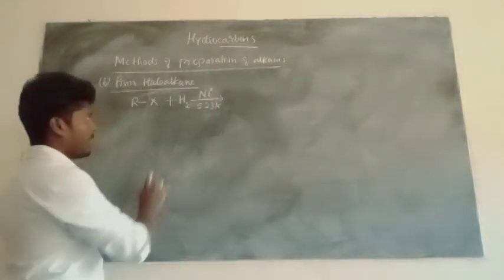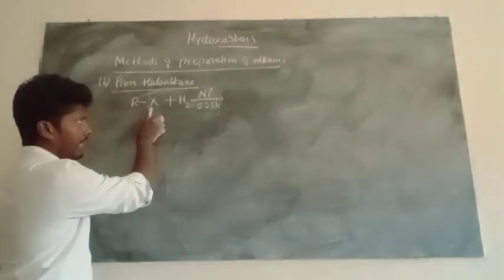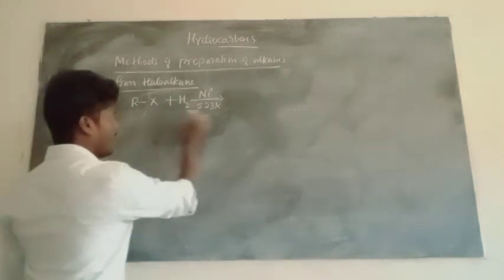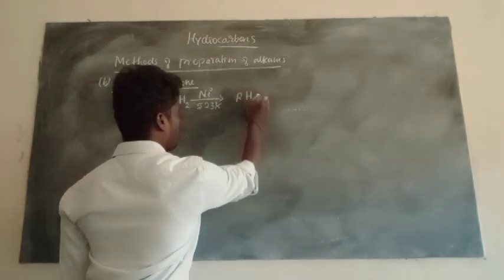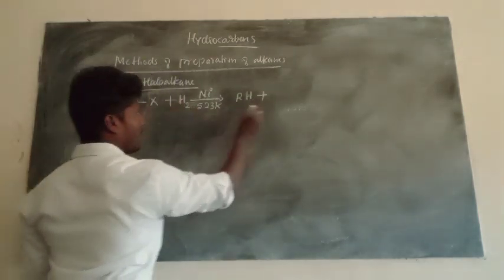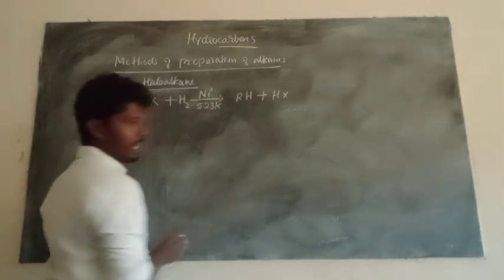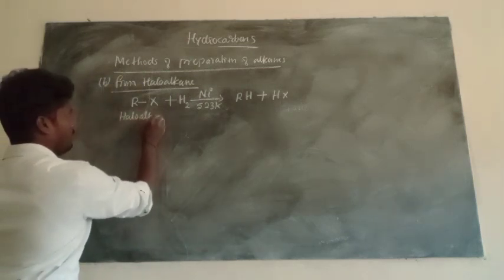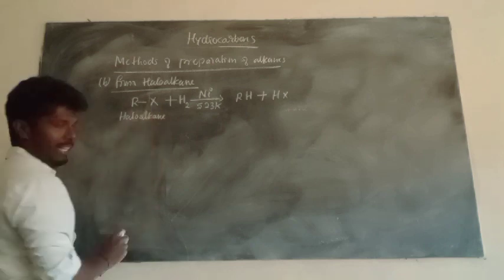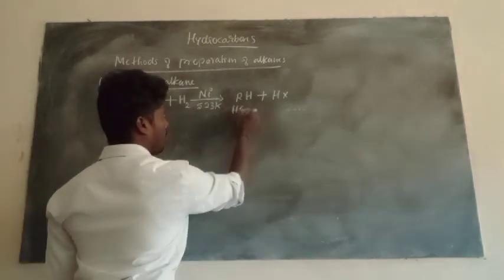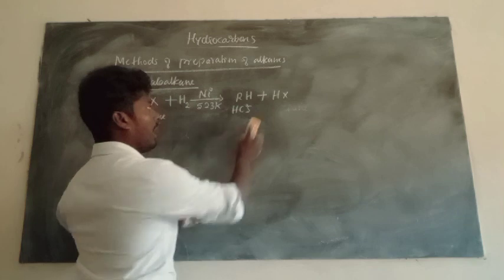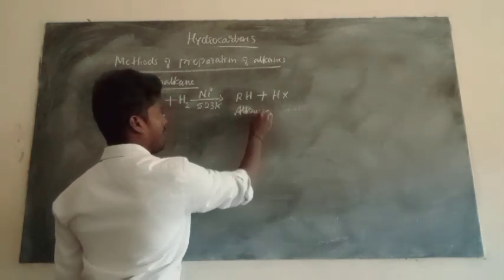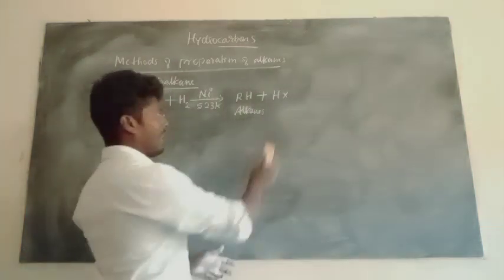Under this temperature, one hydrogen and X become HX, and one more hydrogen and R become a hydrocarbon. That is RH plus HX. Haloalkanes are called alkyl halides, the hydrocarbon is alkane, and HX is a hydrogen halide.